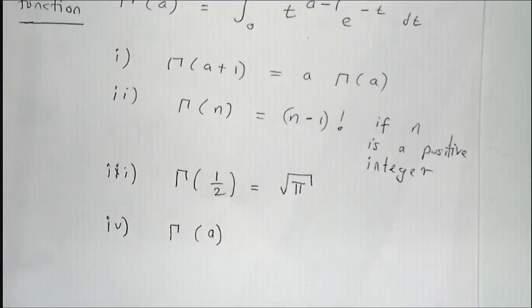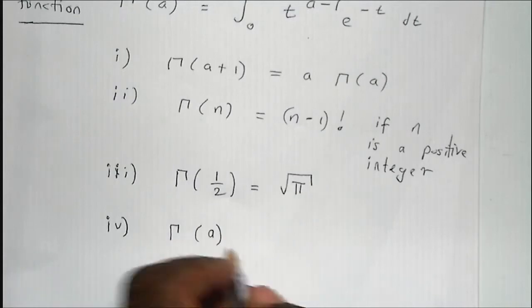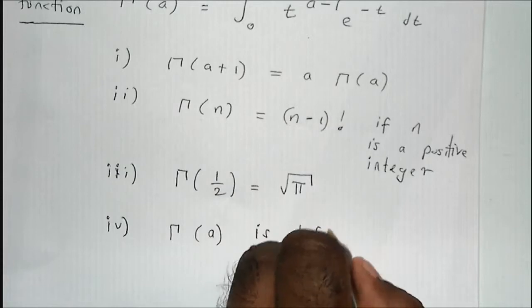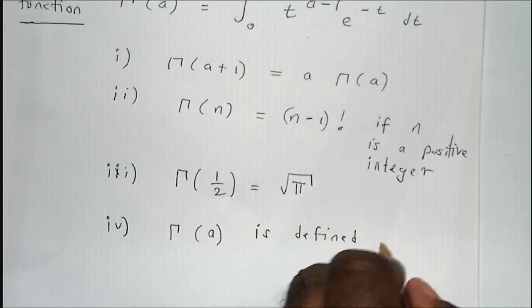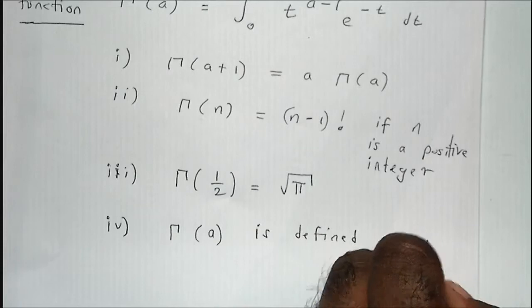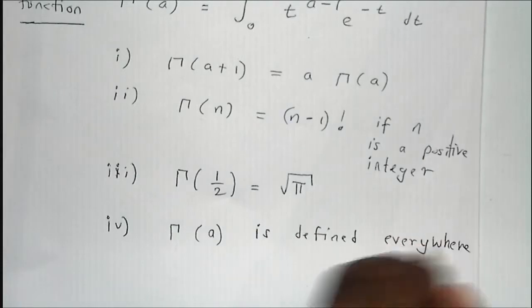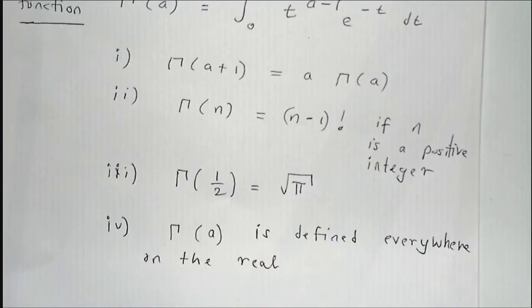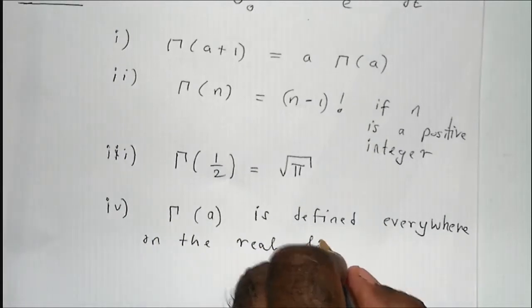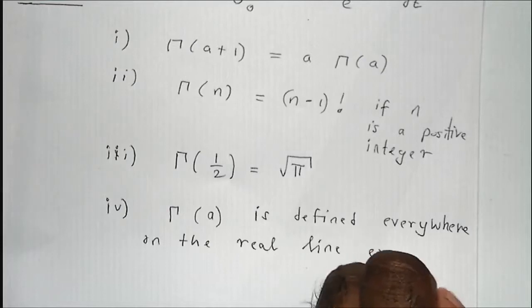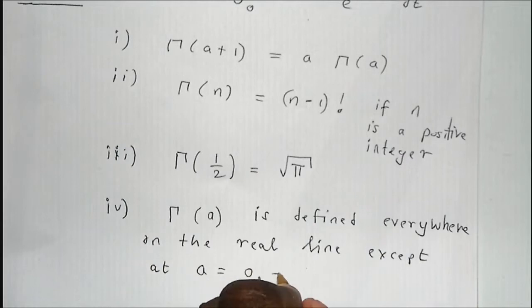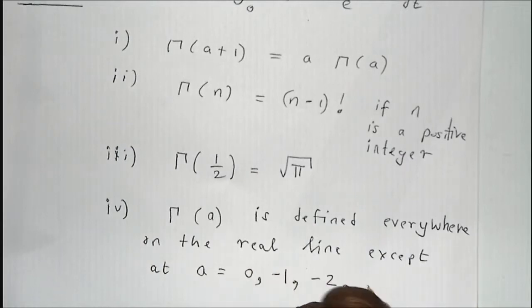And the last property, which is the most important, gamma of A is, this is the most important property.